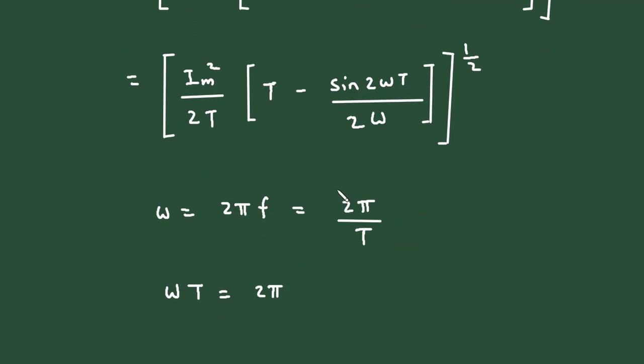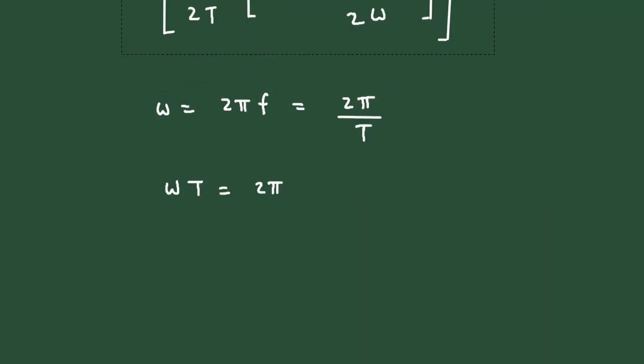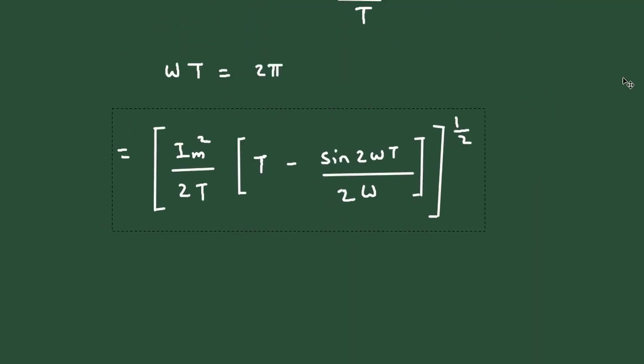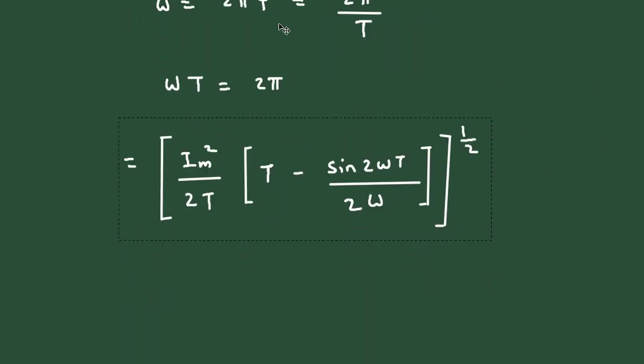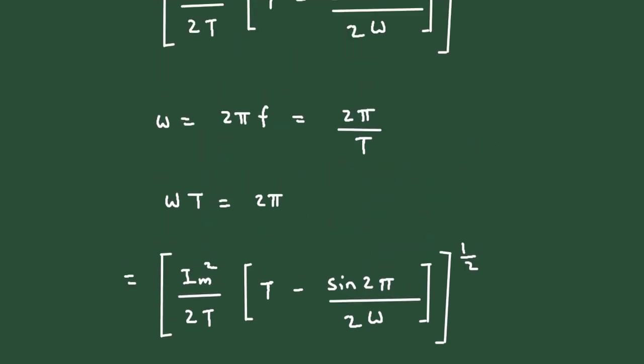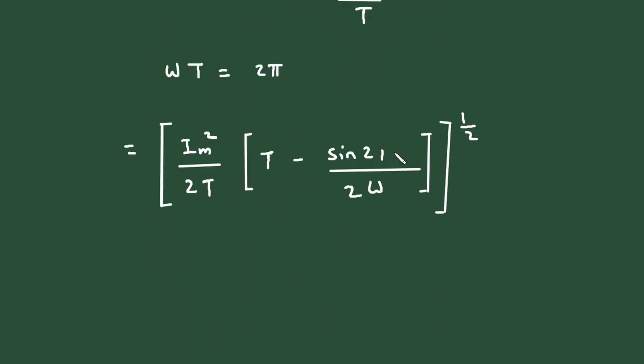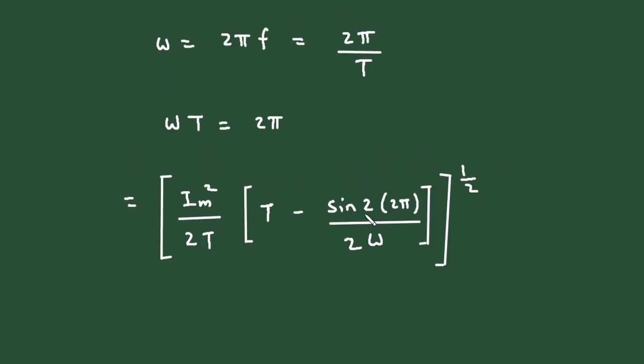Now if we put this omega T is equal to 2 pi, this term will become 0.